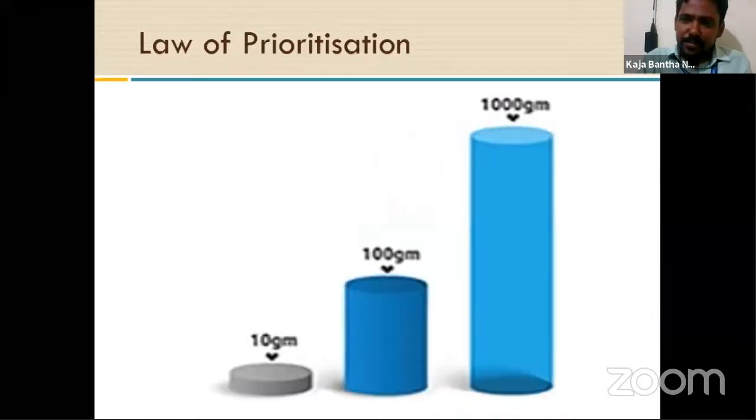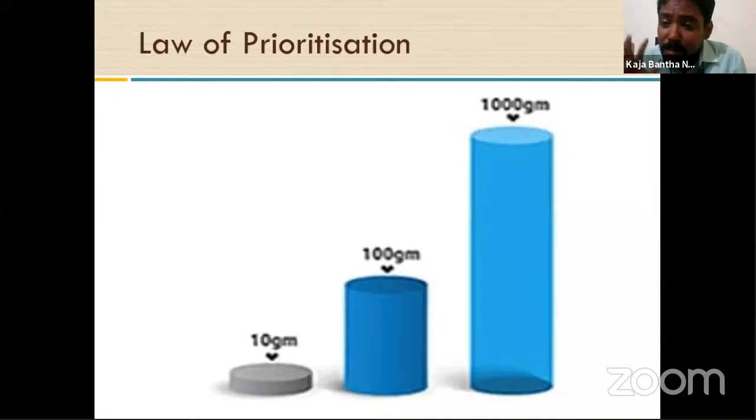10 grams, 100 grams, and 1000 grams. It is called prioritization. For example, in a mobile or network company, the service company receives lots of complaints every day. But some complaints are taken as priority complaints. Nokia, Airtel customer care, credit card customer care: every day people receive a lot of calls in the service centers, but some complaints are given more importance.